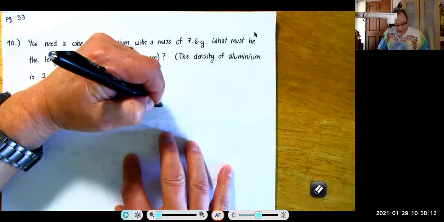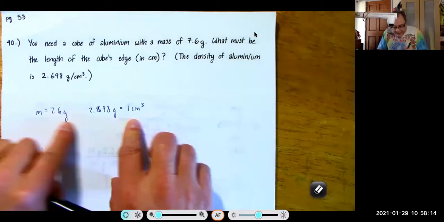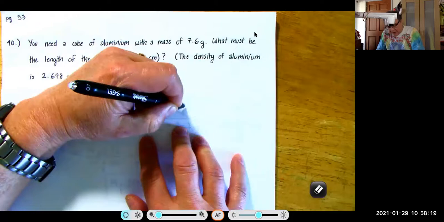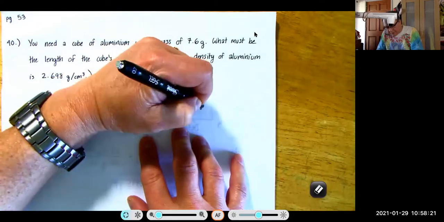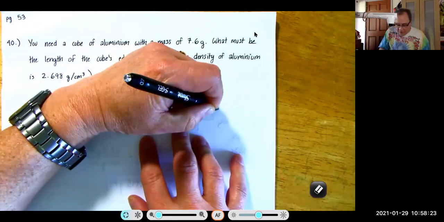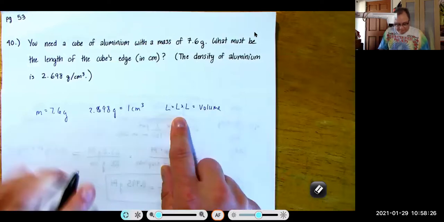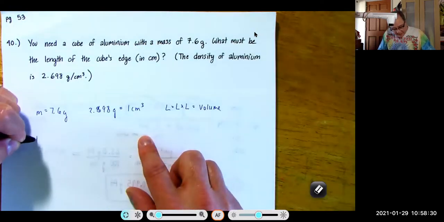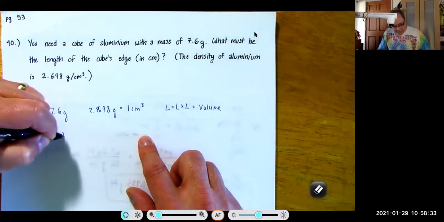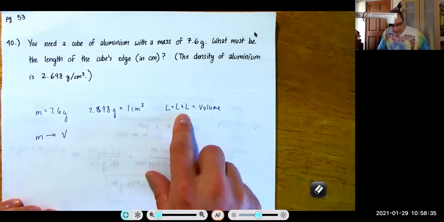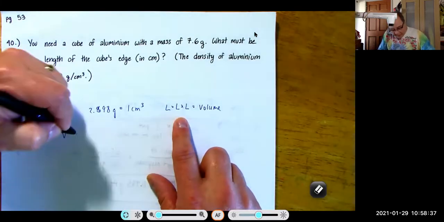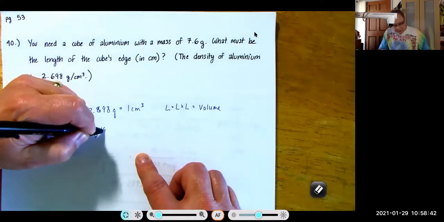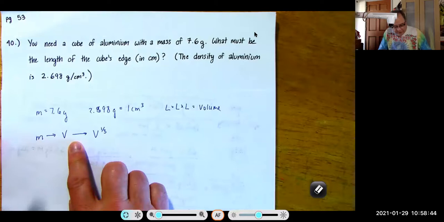So the connection between these is that the length times the length times the length is going to equal the volume. That's the deal for volume of a cube. So I'm thinking I'm going to take my mass, turn that into a volume, and then to get the length of the cube, I'm going to have to take the cubed root of that volume. So really, it seems like I have two things to do here.